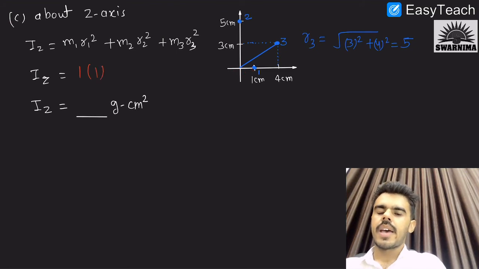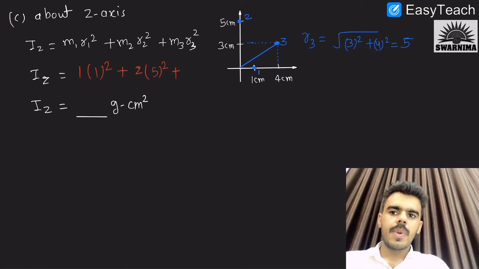And for the second particle, this is the perpendicular distance, 5 centimeter. Now, what is the perpendicular distance of this axis from particle number 3?